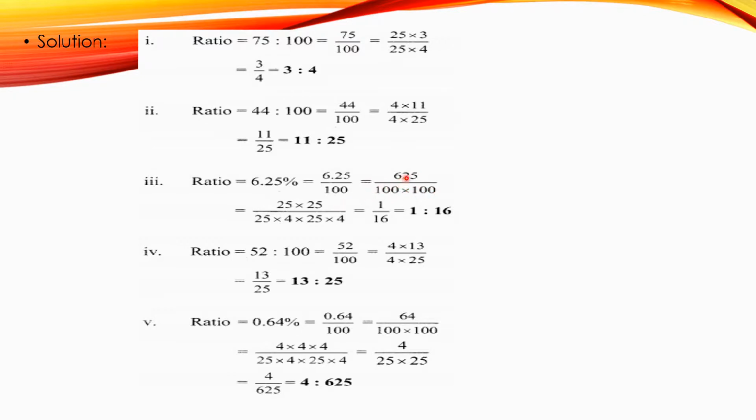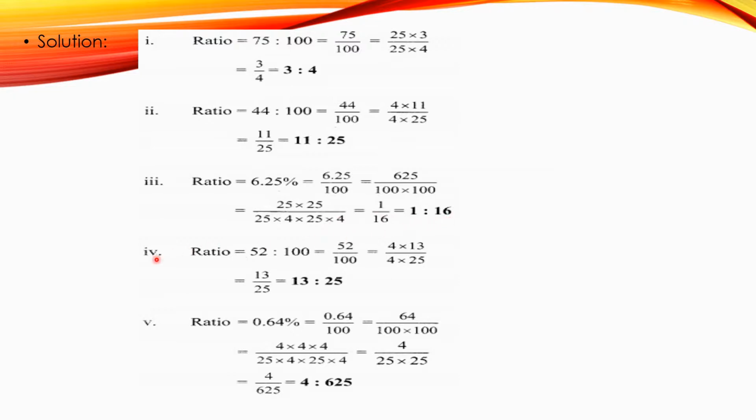Further factorizing, we get 625 as 25 multiplied by 25, and 100 can be written as 25 into 4. The next 100 can be written as 25 into 4. So 25 and 25, 25 and 25, we can cancel from the numerator and denominator. We are left with 1 upon 16. So therefore, the ratio is 1:16.